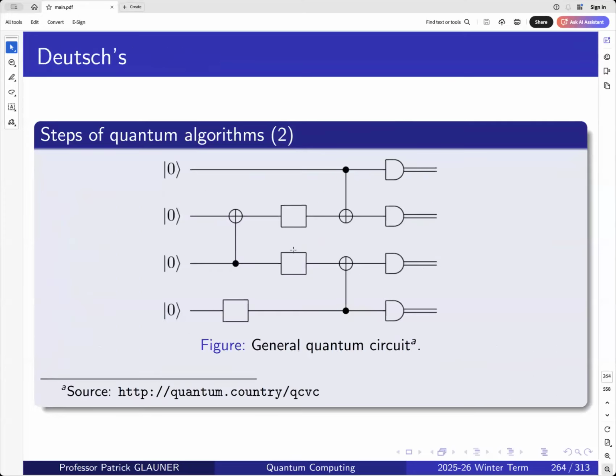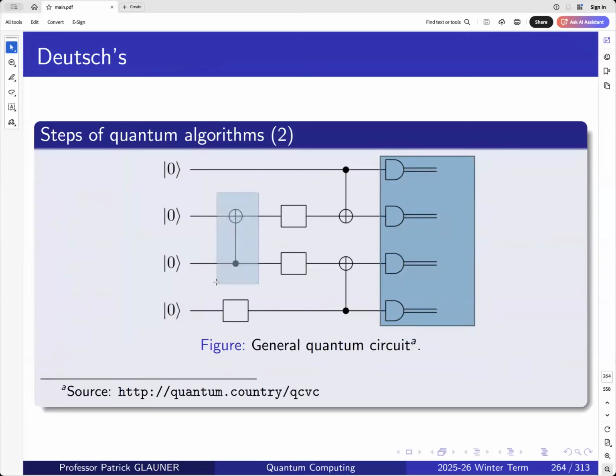Now, you could try to visualize this, for example. Here we have classical inputs, 0, 0, zeros, and this is just another visualization of the measurement. There are different elements what a measurement could look like. We saw one last week. This is a different symbol that is quite common.